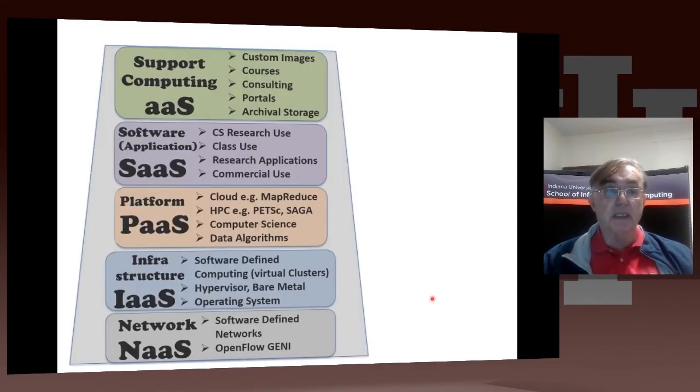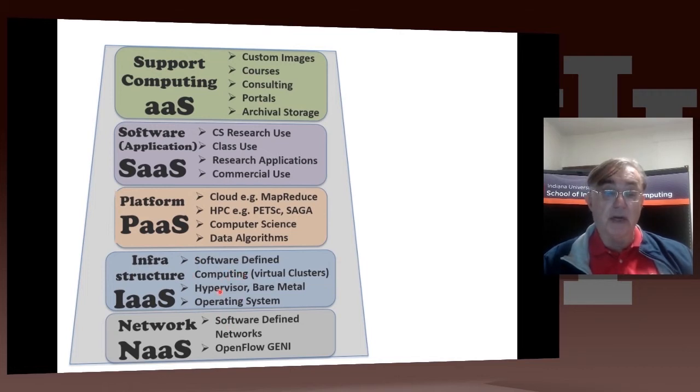That's captured in this slide here, which tells you there's a stack. We have network as a service at the bottom, OpenFlow. There's a US project called GENI investigating this. And this allows you to define the general network between the computers you care about using software. Then we have software-defined computing. Those can be virtual clusters.